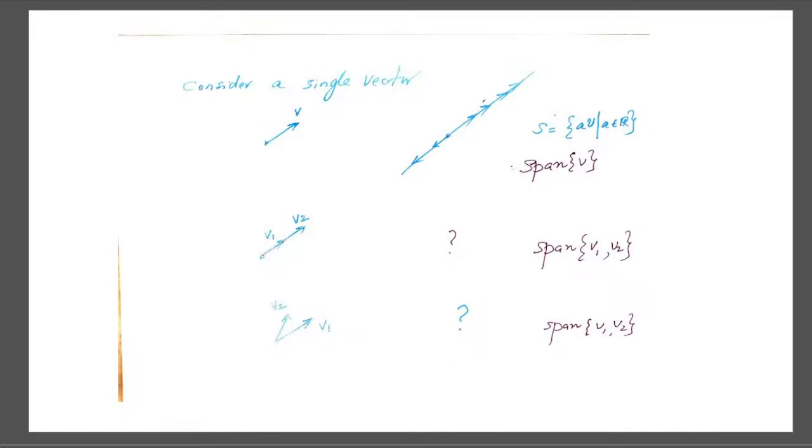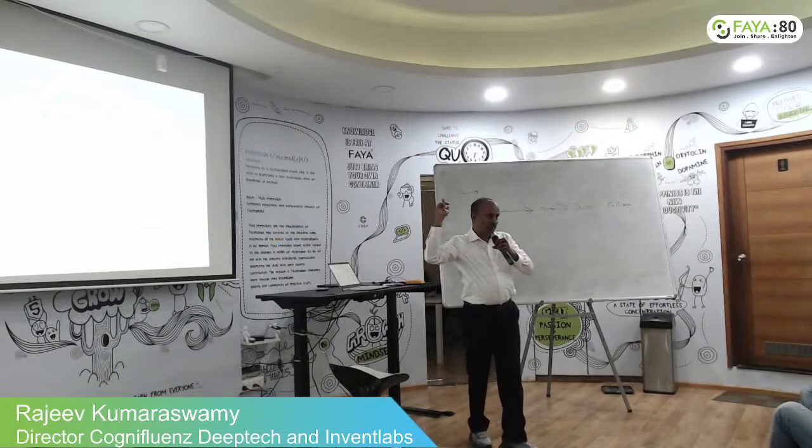So if you collect all the things, it's like you're collecting all the linear combinations, all the weighted sums, starting from this single vector. Then it turns out that they're all in the same line, they're collinear. This is a one-dimensional vector space corresponding to our 2D vector space.